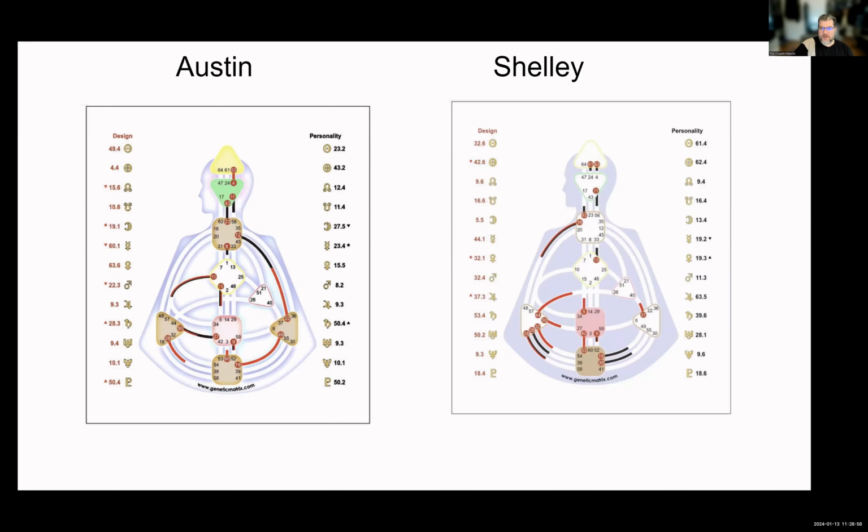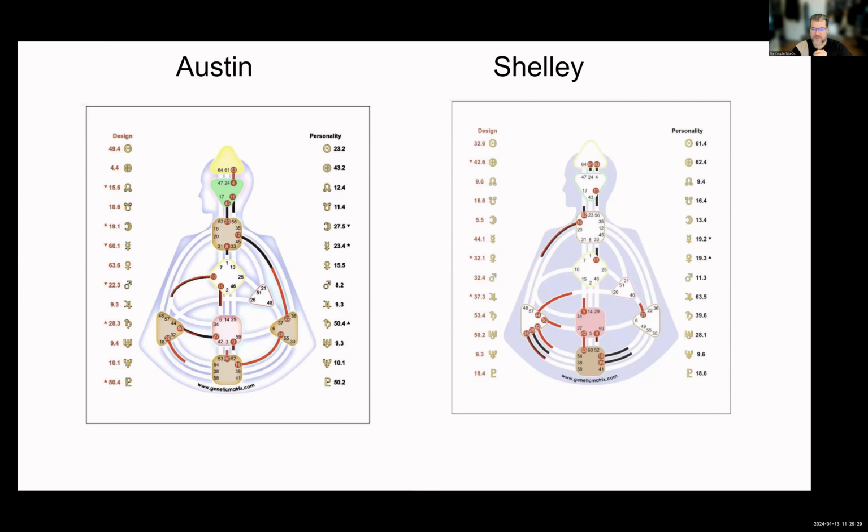When we put me and Shelly together, this is something I find really interesting. Both Shelly and I have a completely open heart center, which I think, now that we've seen it and talked about it a bit, is like empathy and being open to all these different things and picking up and feeling on different stuff.